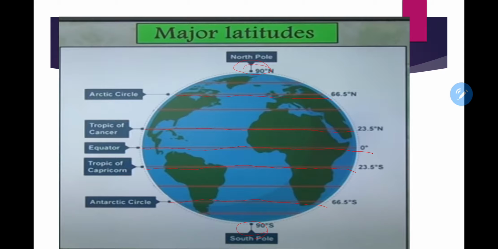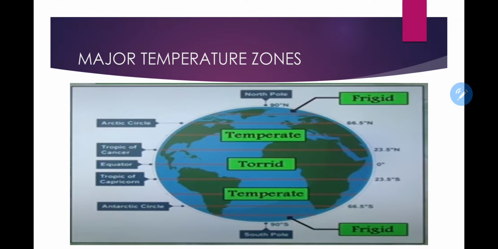So, if you will notice this figure, few zones are created, right? This one, this one, this one, here. So, can you see this? Yes. So, now we are going to learn about major temperature zones.